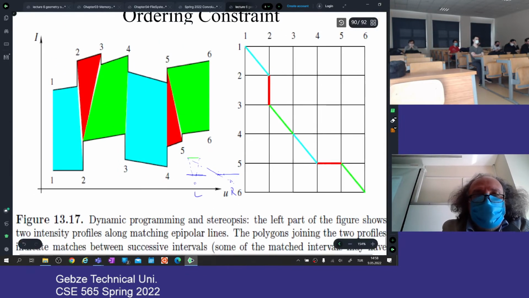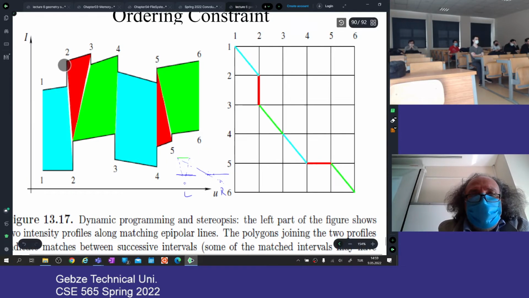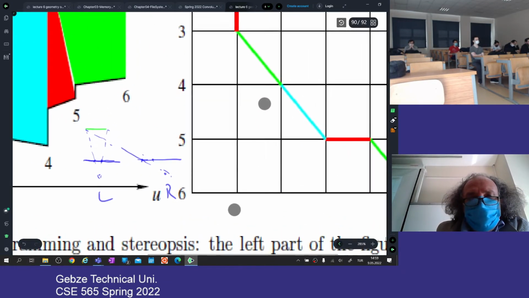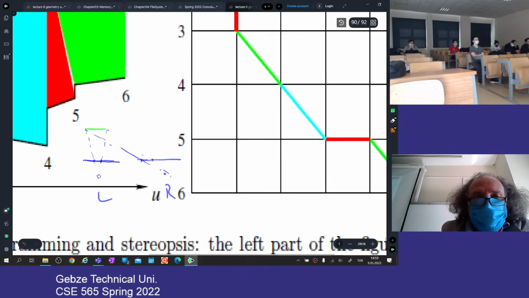I am trying to do the same thing. Okay, so for my points 2 and 3, this is going to be my left camera and right camera. My left camera sees it, but the right camera doesn't see it. How am I going to do that? I think it will be something like this.